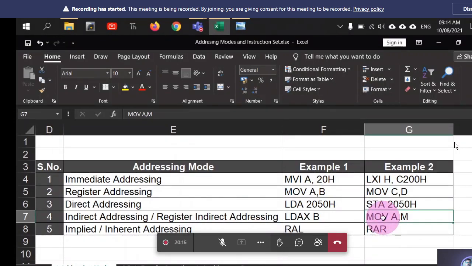In the textbook that I have given you for reading, for the 8085 there are very nice small tables for every command, and in those tables they illustrate how many bytes they take, how many T states they take, what flags they affect, and what the addressing mode is. If you scroll through the section where every instruction is explained, you will get adequate details of every instruction, right? So you can have a look at that.